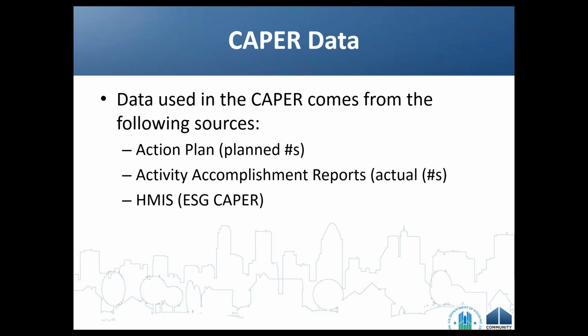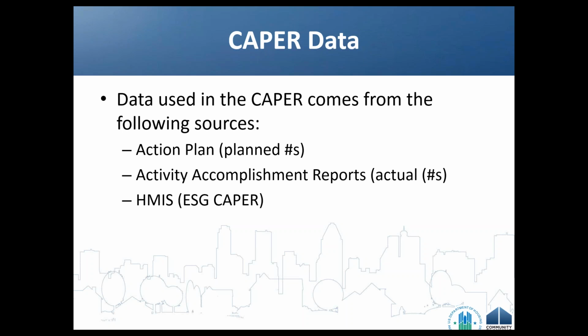Number one is the action plan. As Chris mentioned, you need to make sure that the plan is submitted and reviewed complete in the system, because when you run your CAPER, it's going to look at the most recently approved action plan and base the information it pulls on that plan.